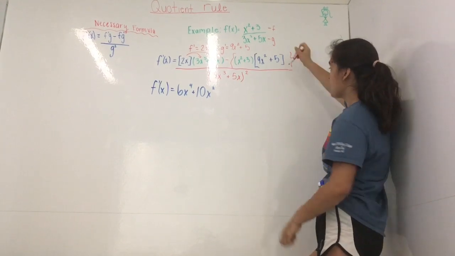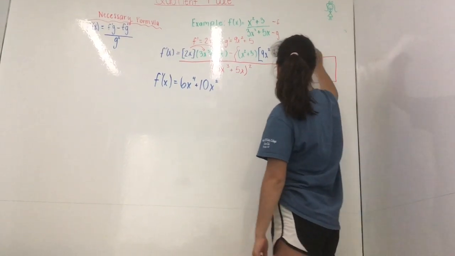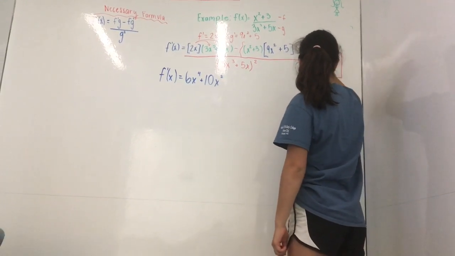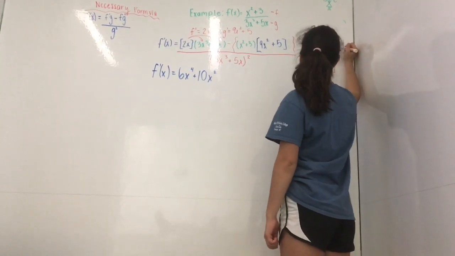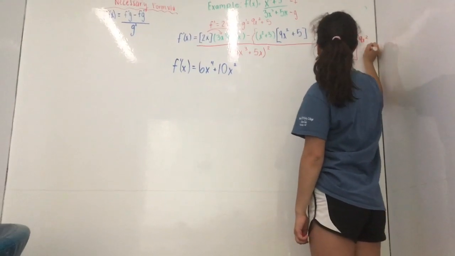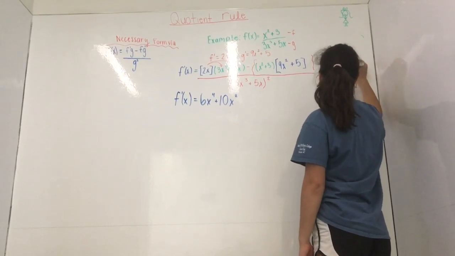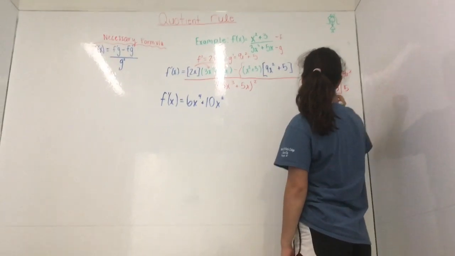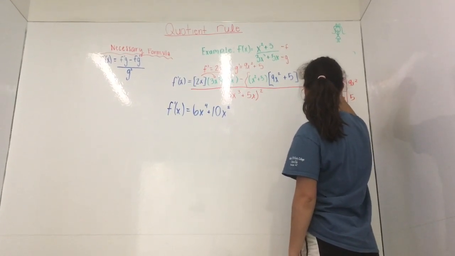and we'll do the box method very simply and quickly. We have x squared plus 3 times 9x squared plus 5, which gives 15, 27x squared, 5x squared, and 9x to the fourth.